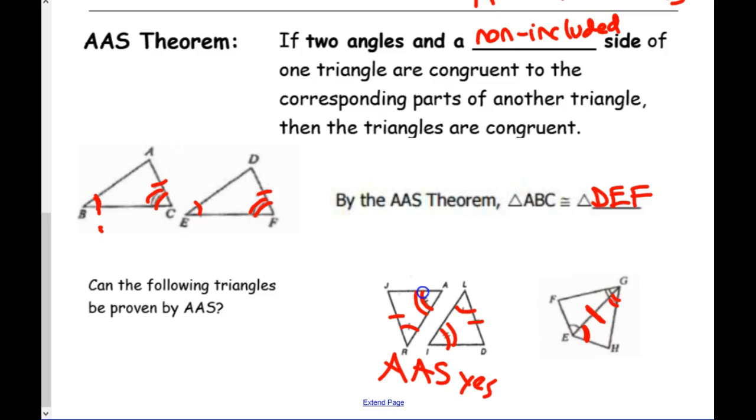So do you see how that's a different one, right? So this one is not AAS, but it is angle, side, angle.